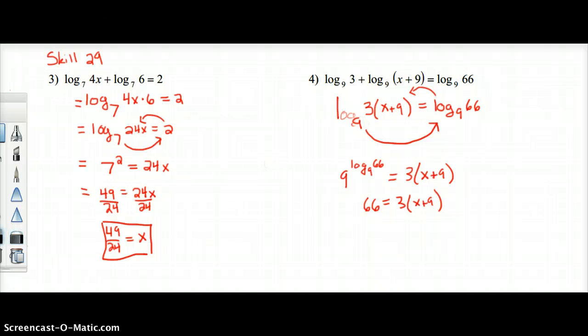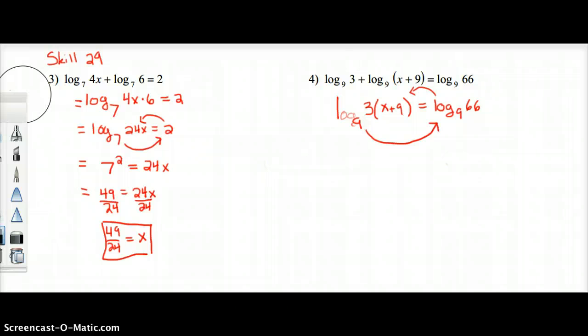However, there is a slightly easier way to do this. And so if we look at the slightly easier way, that way is just going to be to look at the fact that on both sides I have a single logarithm, a log base 9, and I can just set the arguments equal to each other.